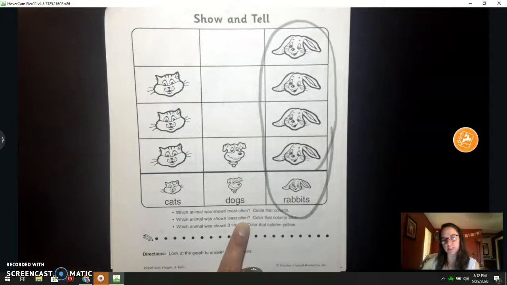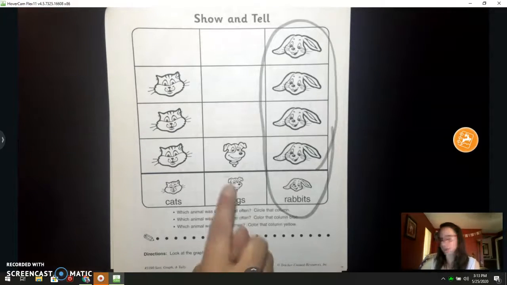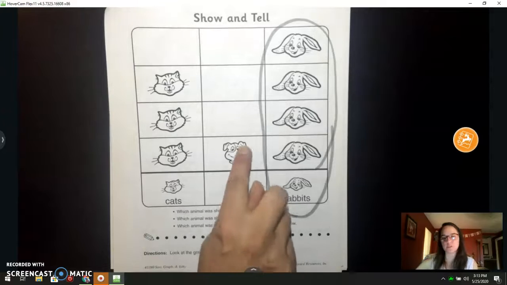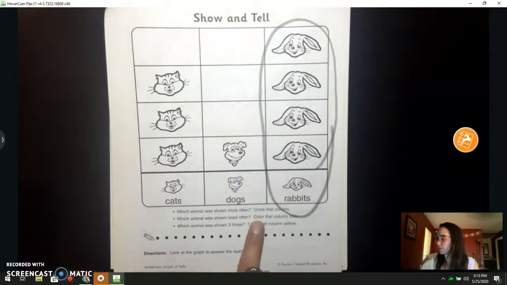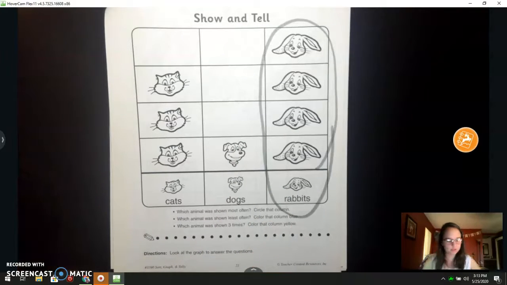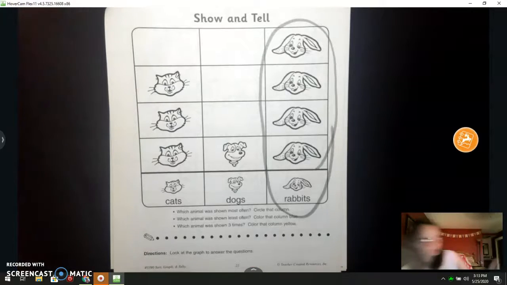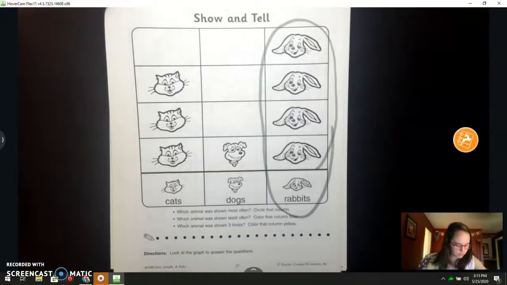Do you know your answer? The answer is dogs. There was only 1 vote for dogs. Our directions say color that column blue. So let me get my blue out. You find your blue.